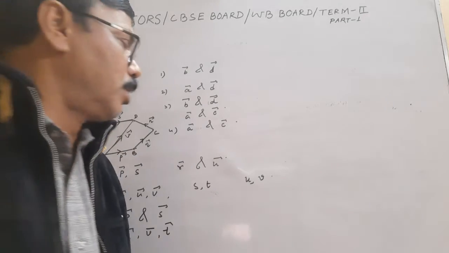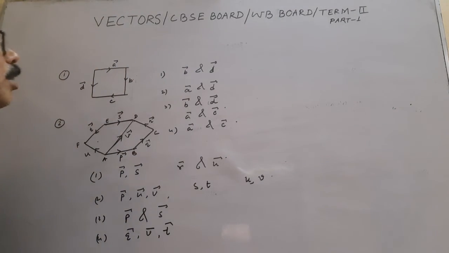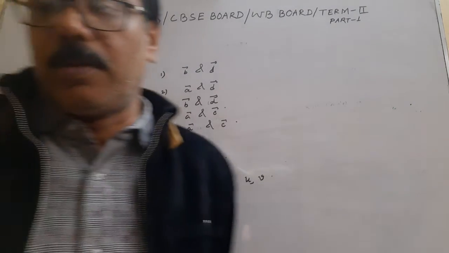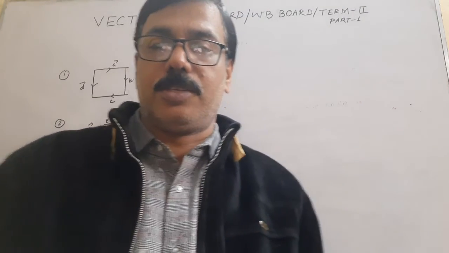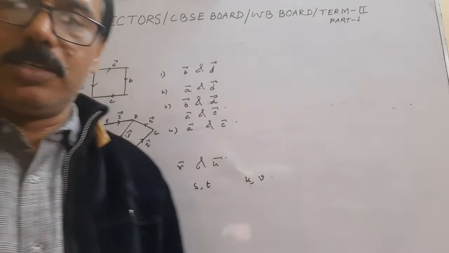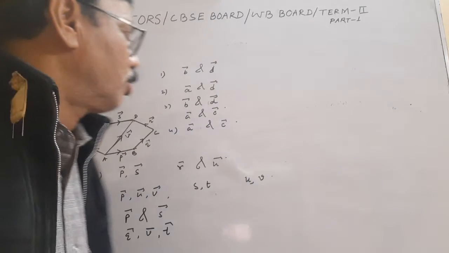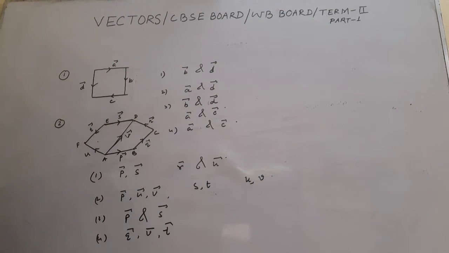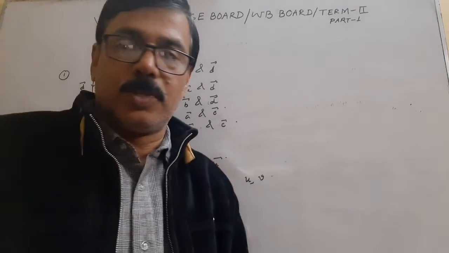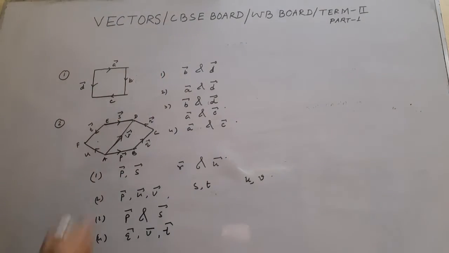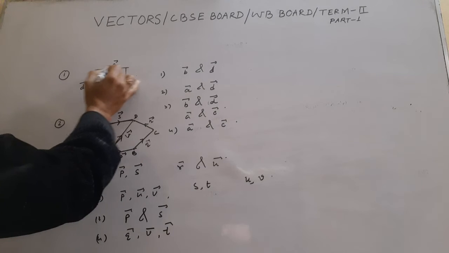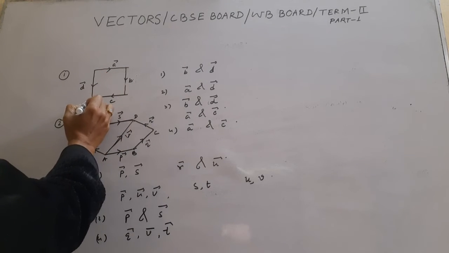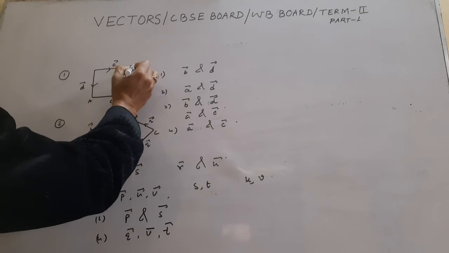Now I consider some basic problems, basic ideas using a figure to understand equal vectors, co-initial vectors, and collinear vectors. Look, in figure 1, ABCD is a square.